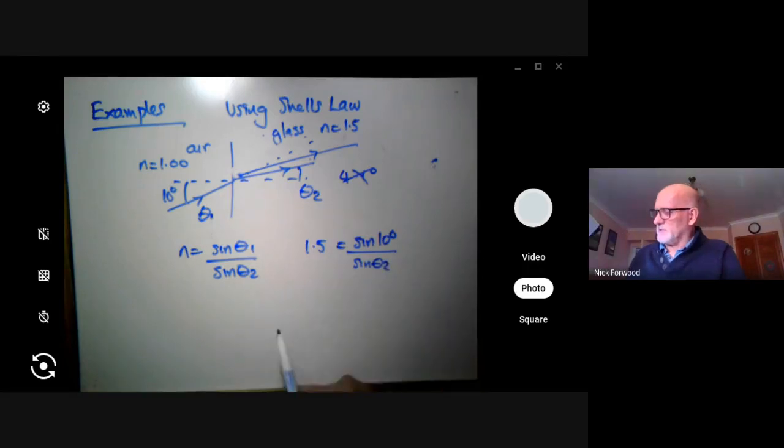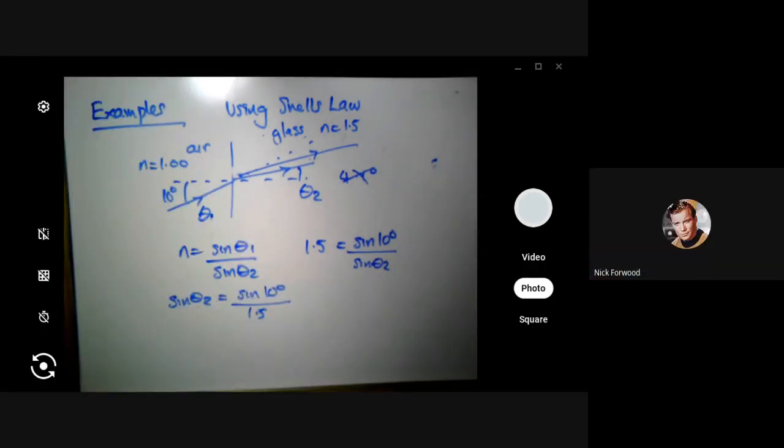You would swap those over just the same as before: sine theta 2 is sine of 10 degrees divided by 1.5. You put that in your calculator. I could probably do that right now. And I've just worked that out, and it comes out to 6.7 degrees.